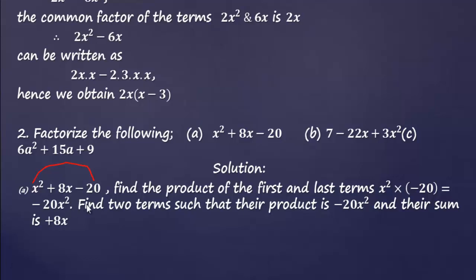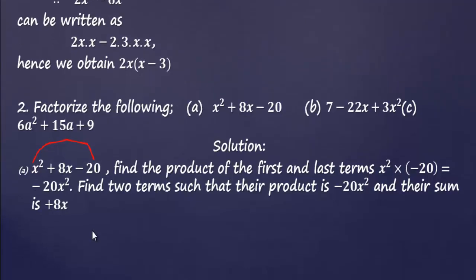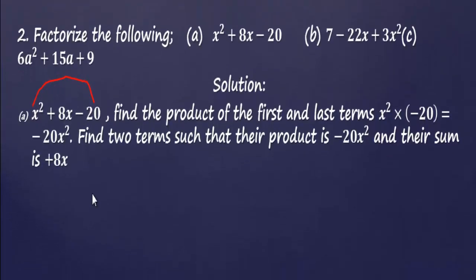Now, having done that, find two terms such that their product is minus 20x squared and their sum is plus 8x. That's how you are going to find the factor. You have to find two terms that will result in minus 20x squared when you multiply them, and when you add those two terms you get plus 8x.